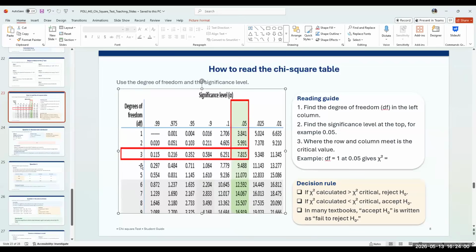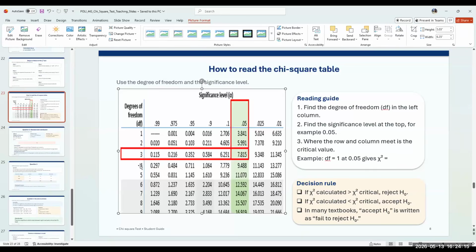I'm going to trace the 4 to meet where 5% is. 5% means 5 divided by 100, which will give us 0.05. This is where the 0.05 falls, where I have the red line here. So I trace the 4 here to meet 0.05, which is 9.488.